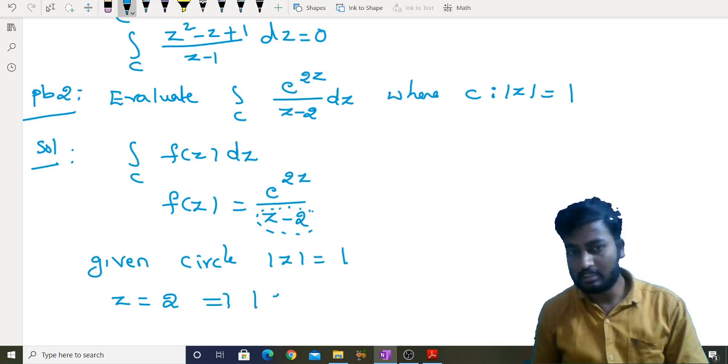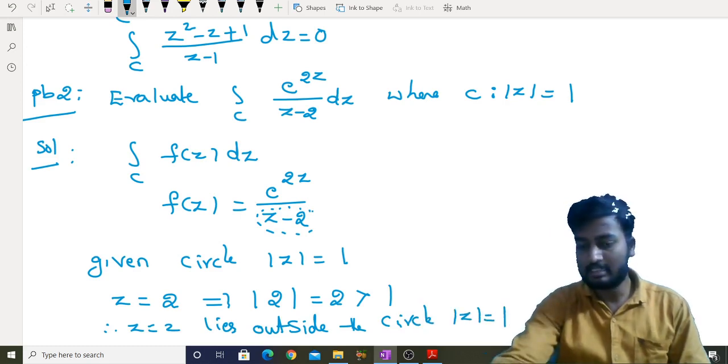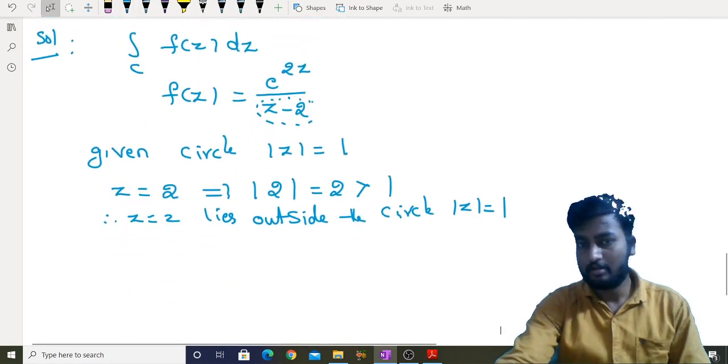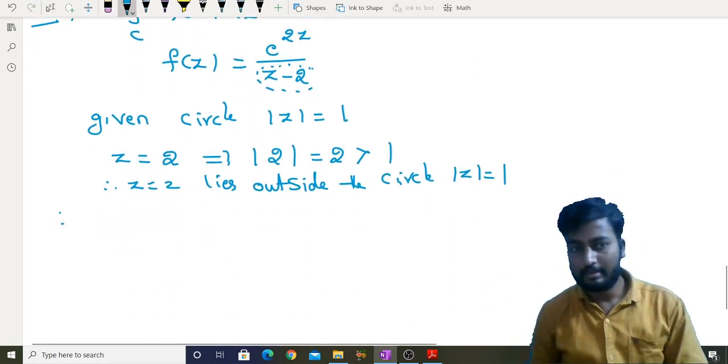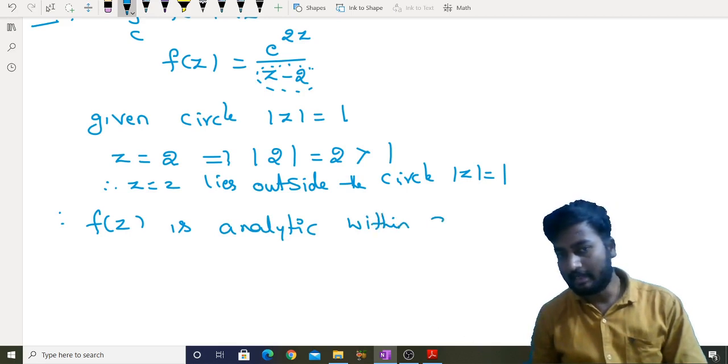Modulus of 2 is equal to 2, which is greater than 1. Therefore z equal to 2 lies outside the circle mod z equal to 1. It is clear. So we can say that f of z is analytic within and on the closed contour mod z equal to 1.